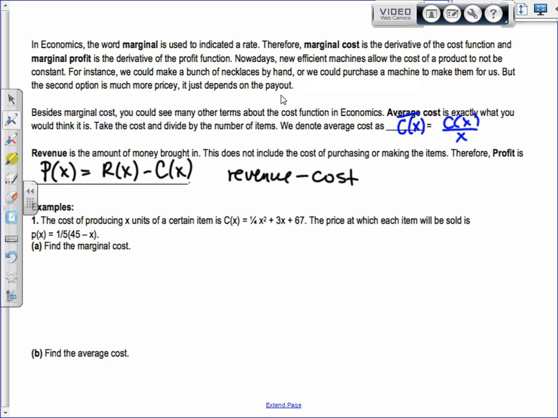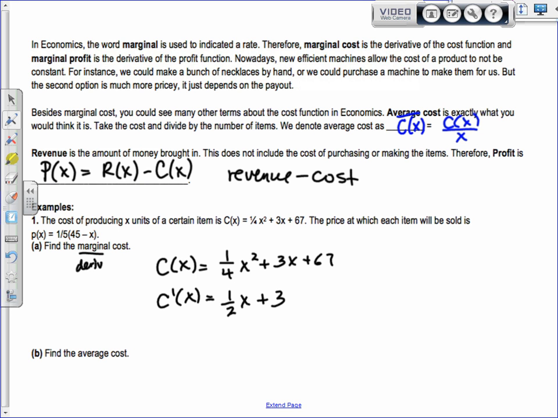So find the marginal cost. Marginal means derivative. So we're going to take the cost, and we're going to take the derivative. So it's C prime of X. So 1/4 times 2 is 1/2 X to the first plus 3. That's your marginal cost.